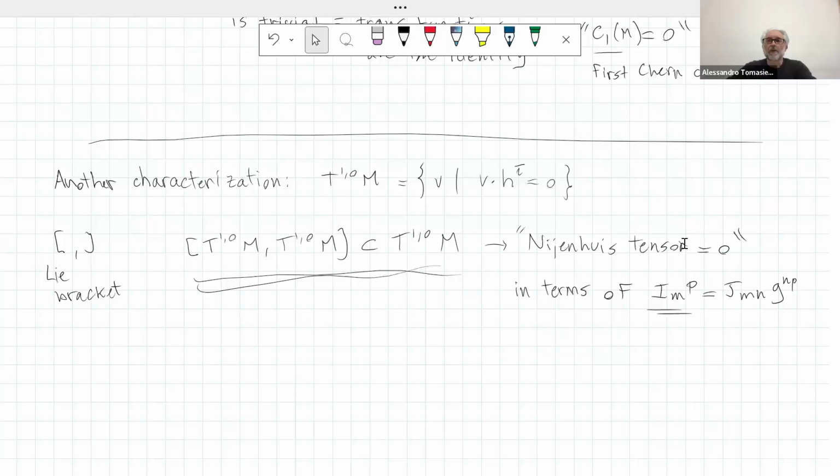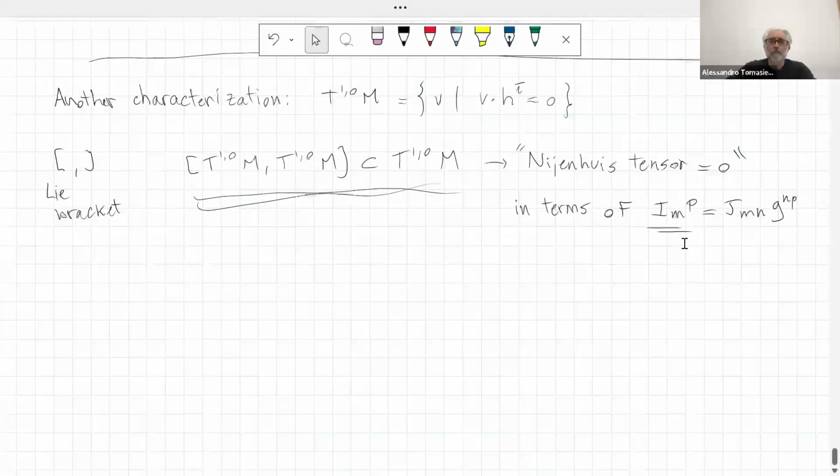Now, we have only a few minutes, and I could give you further characterizations of complex manifolds.